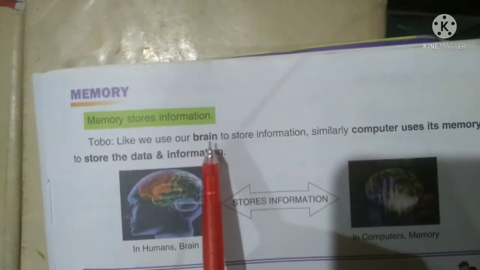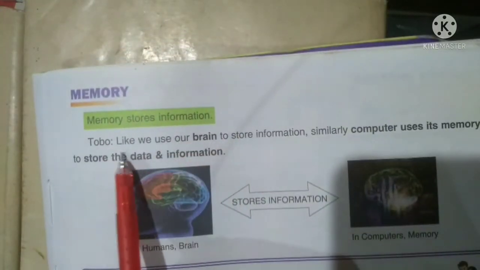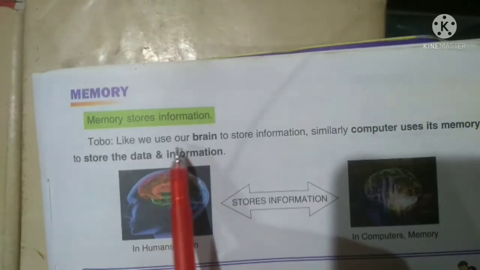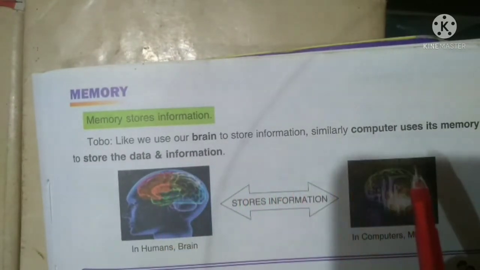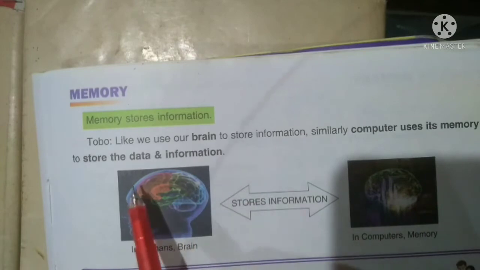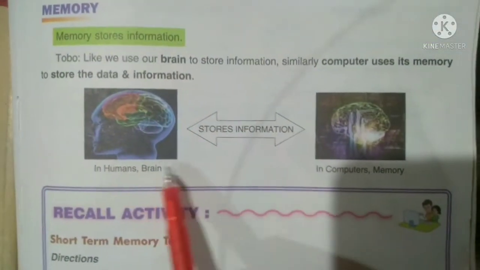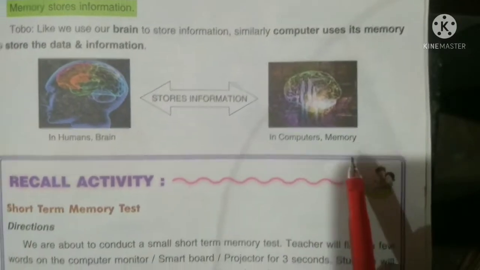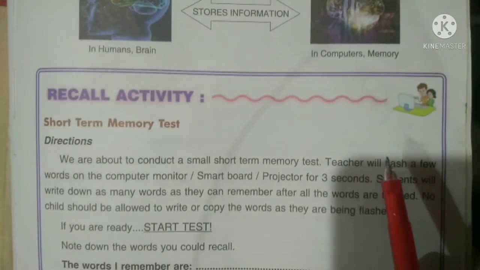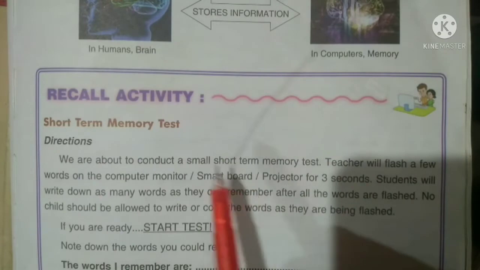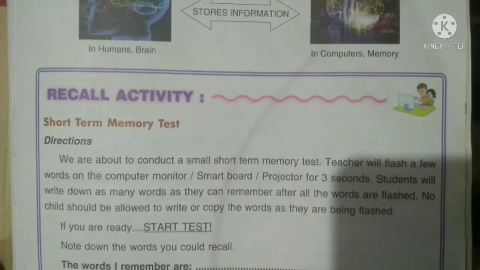Memory stores information. Simple definition: like we use our brain to store information, similarly the computer uses its memory to store data and information. The human brain has short-term memory and long-term memory.